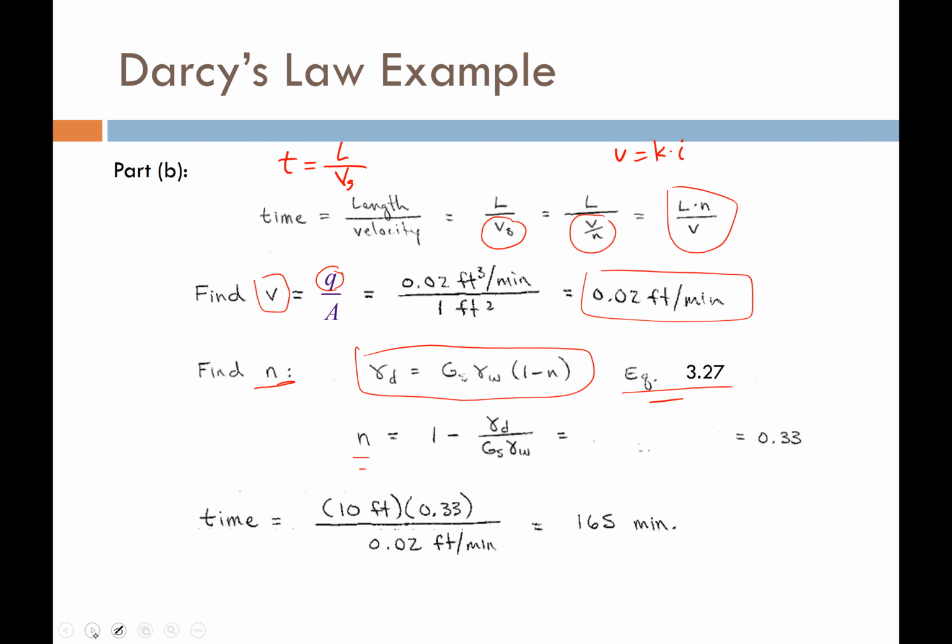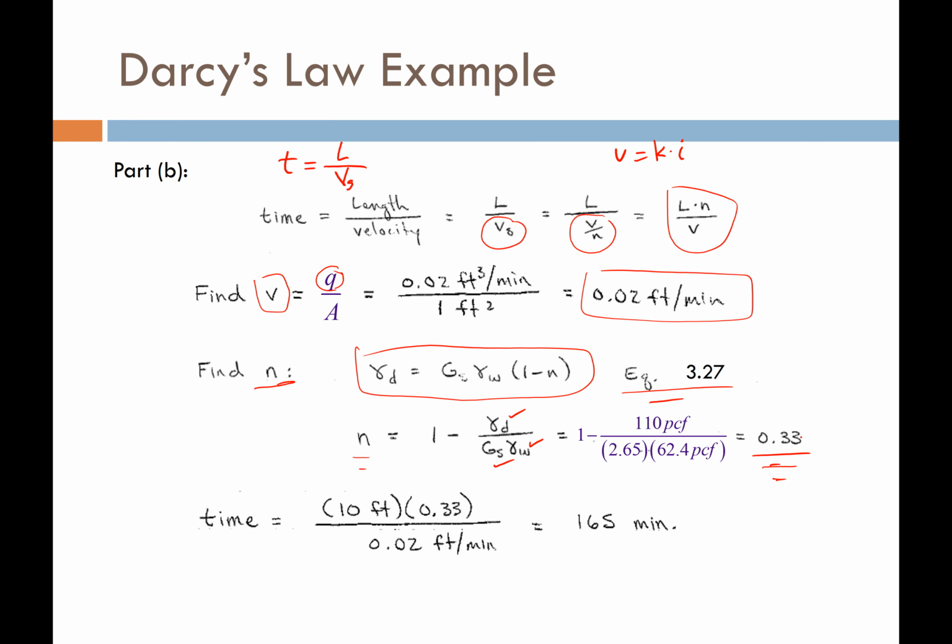If I plug in the numbers that I've been given, 110 for the dry density, 2.65 for the specific gravity, and of course 62.4 pounds per cubic foot for the unit weight of water, I get 0.33 for my porosity.